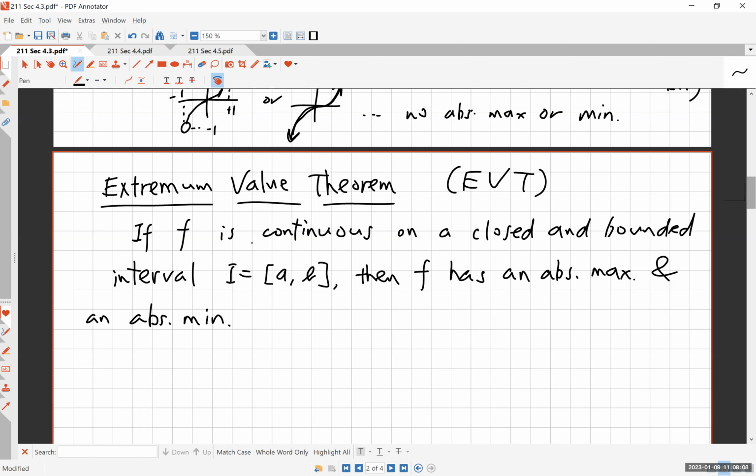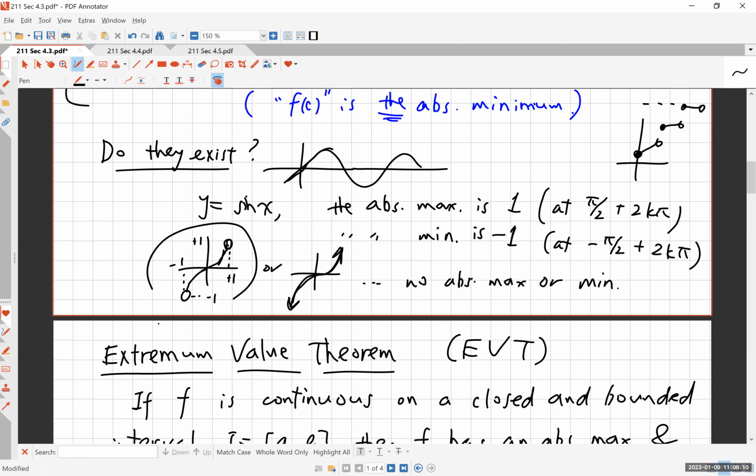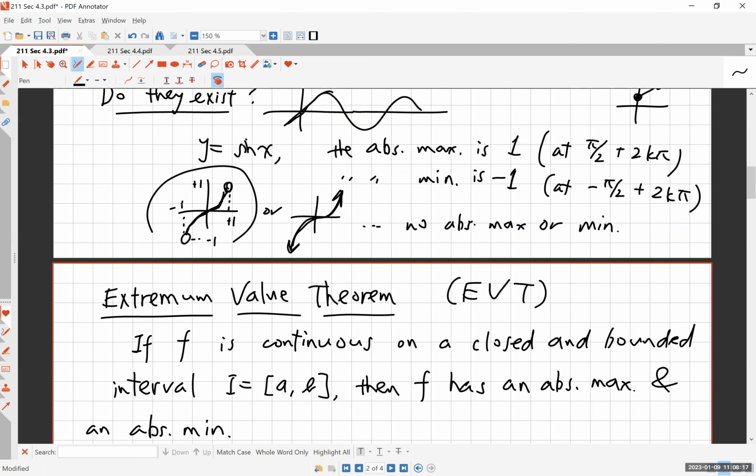So the question, do they exist? For instance, I said this has no maximum or minimum. It is continuous, but not on the closed interval, right? If you had a closed interval, if you had included -1 and +1, then this would have the absolute minimum of -1 and the absolute maximum of +1 if it were closed and bounded from -1 to +1. Now this is defined on all of the reals, and technically speaking, you probably don't know this, but the entire real line R is actually a closed set.